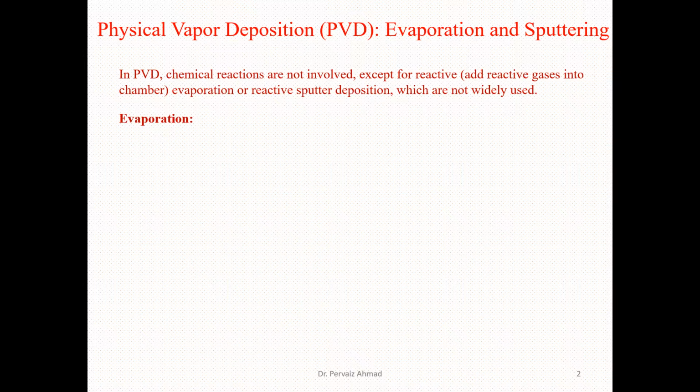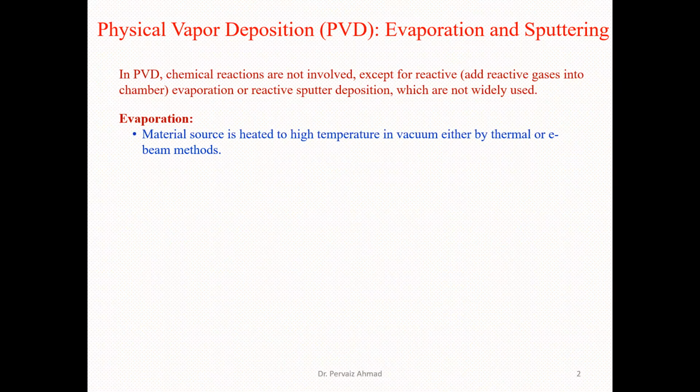Just like we discussed earlier, physical vapor deposition has two basic types, evaporation and sputtering. So let's first come to evaporation. In evaporation techniques, basically we utilize a material source, and that source is heated to a high temperature in a vacuum.